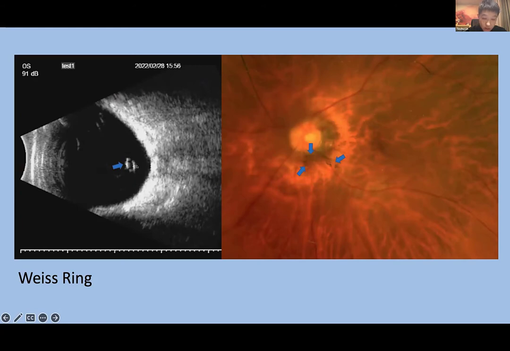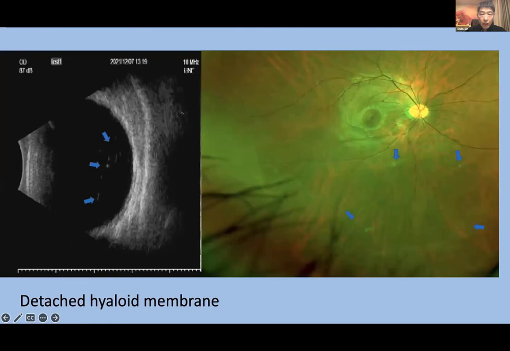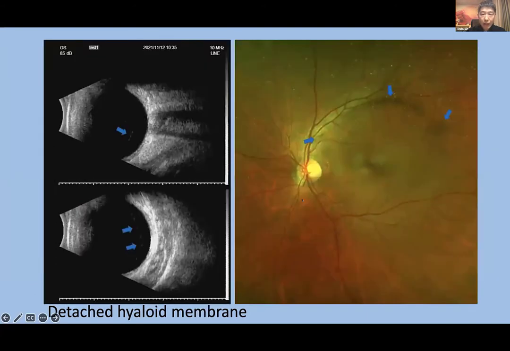That's the Weiss ring here, and also here. We can see the vitreous detachment, the hyaloid membrane here, and also this membrane here, like an opacity. It's another pair of pictures. This is the line, the vitreous detachment membrane. Also, we can see a gray detachment on the Optos.